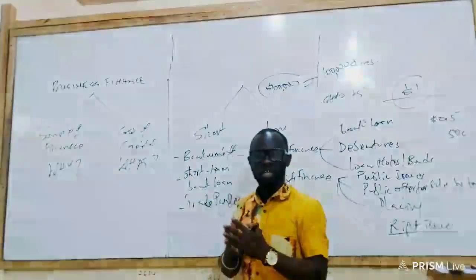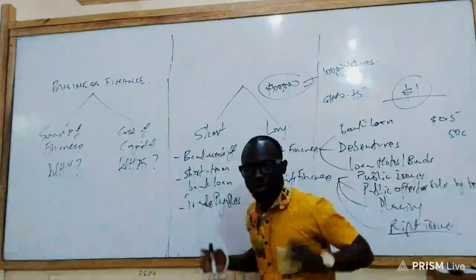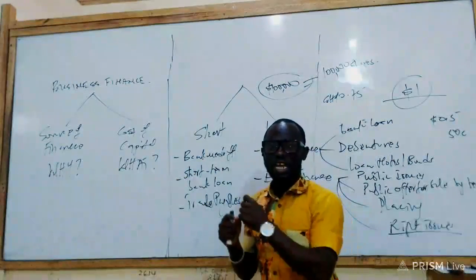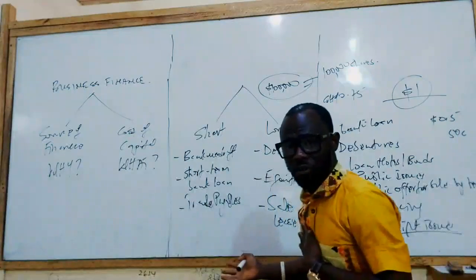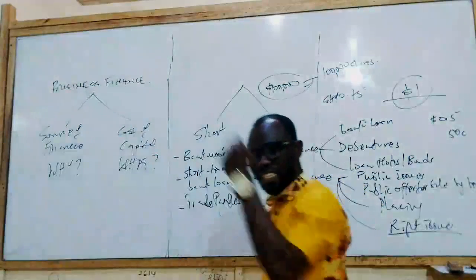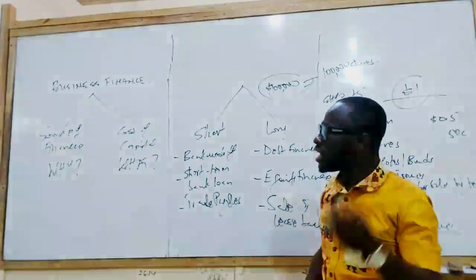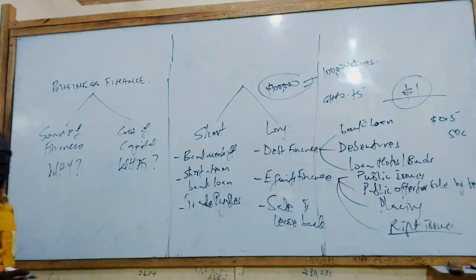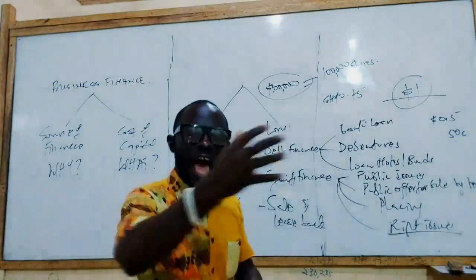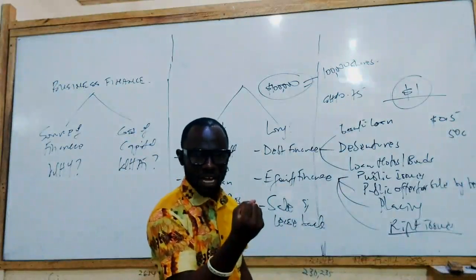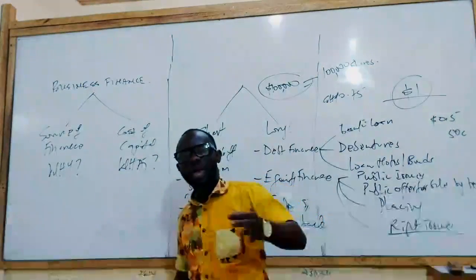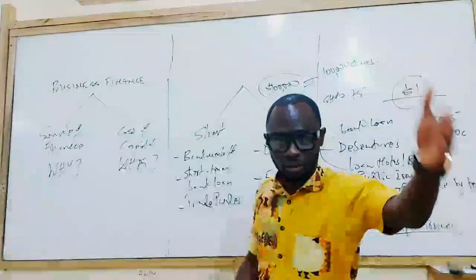So they will arrange with a financial house to sell the building to that person, but they will agree that, hey, we still need the building for our office, so you will lease it back to us. Now, what does that mean? It means that under a sale and leaseback arrangement, the entity is able to get access to a large sum of money at a go to use for planning, but will now be paying rent on an annual basis.